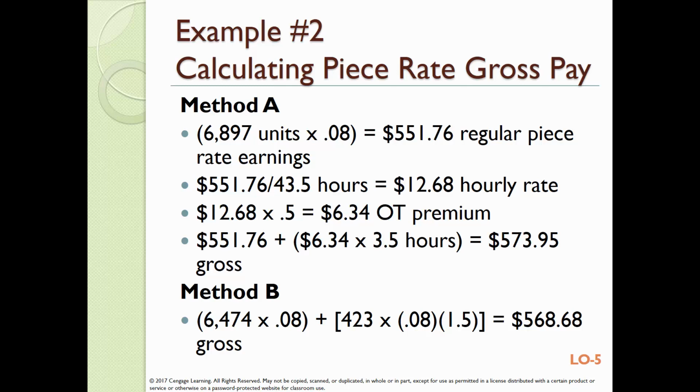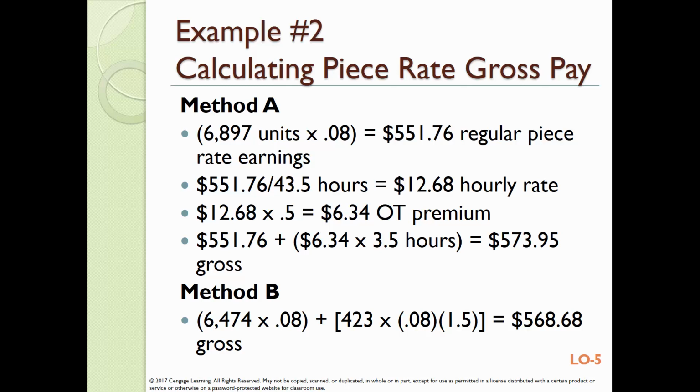Does this make sense, Katie? So she's getting her regular, okay. Because you were struggling with that one. No, I just didn't understand the bottom of it. Right, so it's in that 551, right? So for all her hours, she gets 551.76, and then she gets that 0.5 for everything over 40 hours, right? In the second one, she makes 8 cents for the number of units she produced in the first 40 hours.